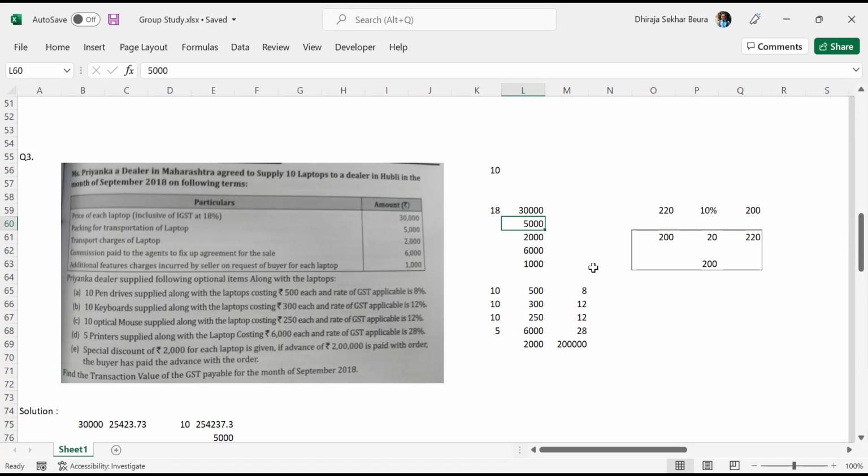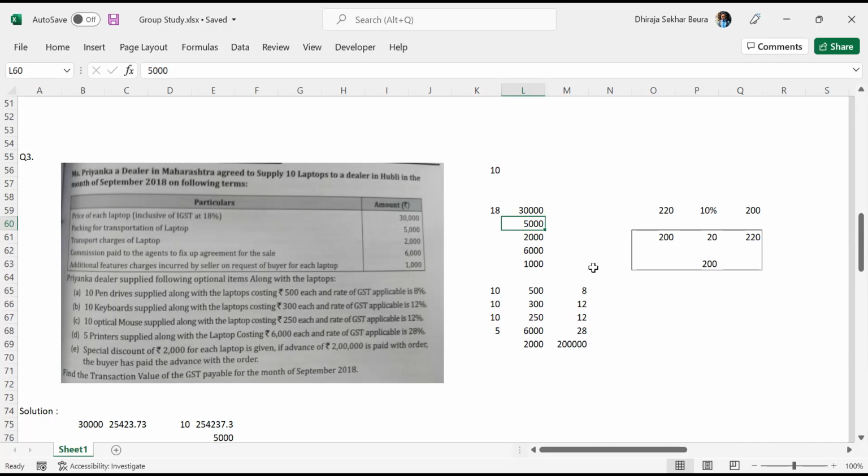Could you please explain with an example regarding the principal tax? Is it like individual tax is going to get applied for each item? For example, if you take 10 pen drives multiplied by 500, so it is 5,000 multiplied by 8%. Is my understanding correct? If you are selling the items separately, then what you just said will be done.